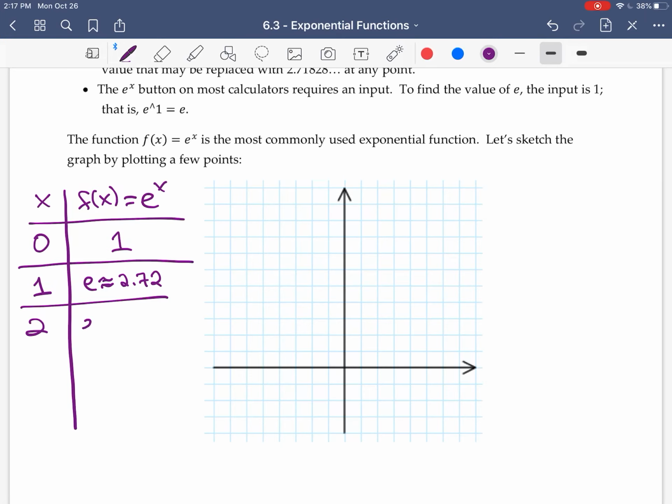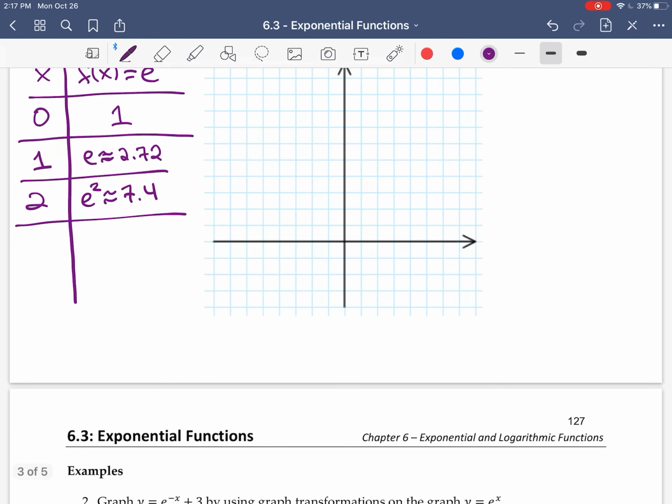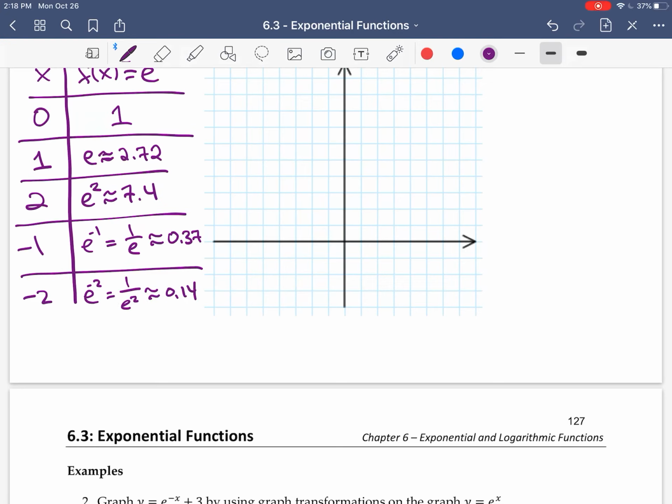Okay, when you do 2, you get e squared, which is approximately 7.4. Okay, if we did negative 1, we get e to the minus 1, which is 1 over e, which is approximately 0.37. Okay, and similarly, if you do negative 2, you get e to the negative 2, which is 1 over e squared, which is approximately 0.14.